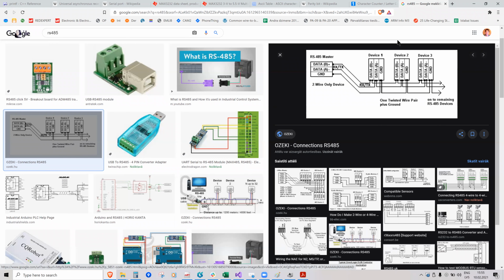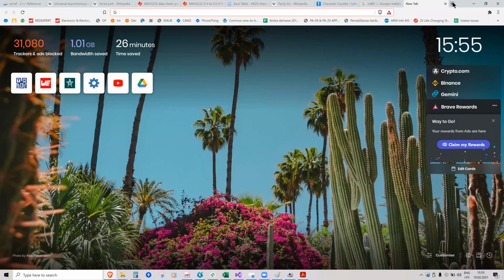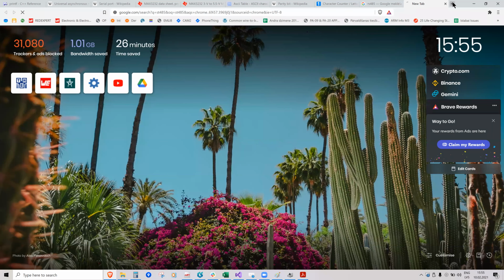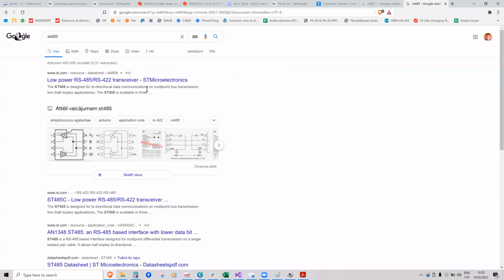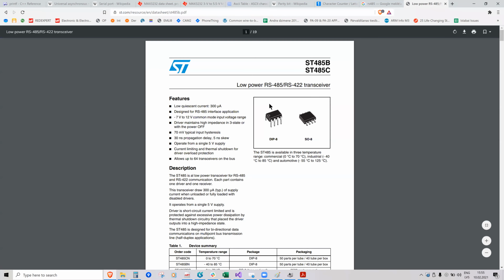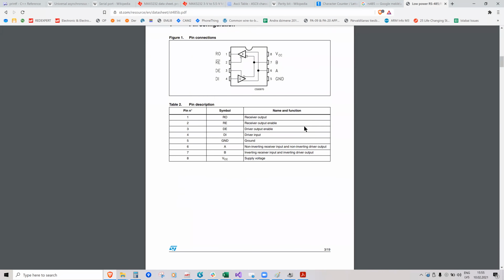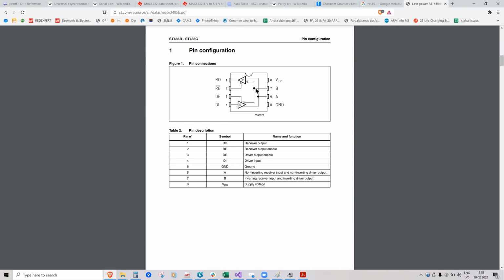And for this, you can use a chip called something like this. I think it's SP485. So again, you connect it to the microcontroller, and the other end you connect to the data cable.